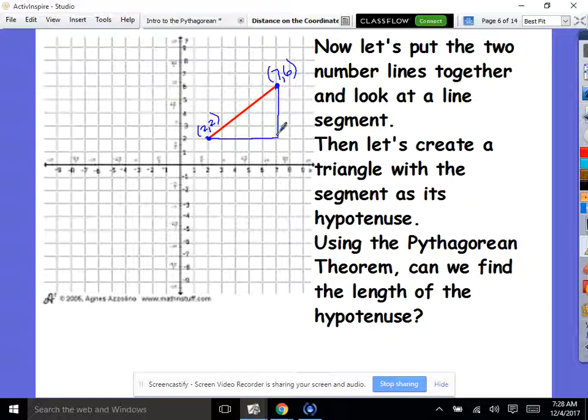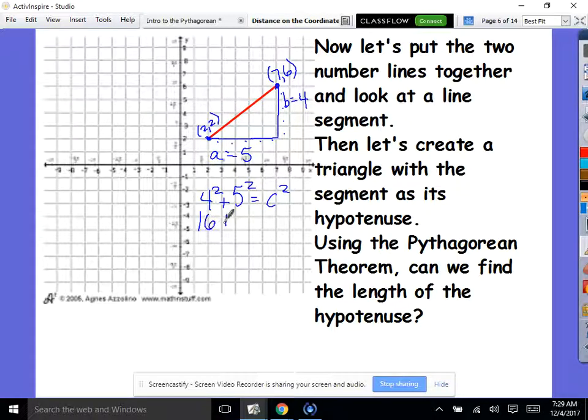Now, we can use the Pythagorean theorem and we can count these sides. So we'll say A is this side, and it's 1, 2, 3, 4, 5. And we'll say B is this side, and it's 1, 2, 3, 4. So to find the length of that hypotenuse, we can do 4 squared plus 5 squared equals c squared.